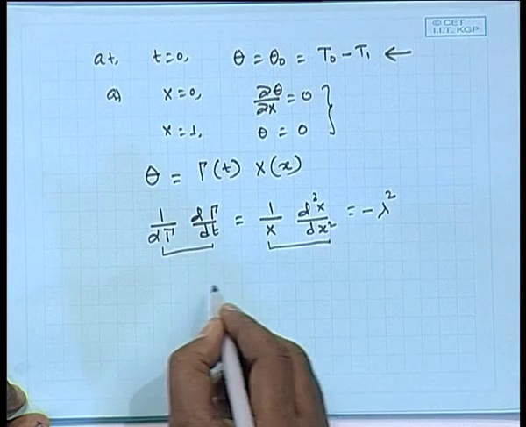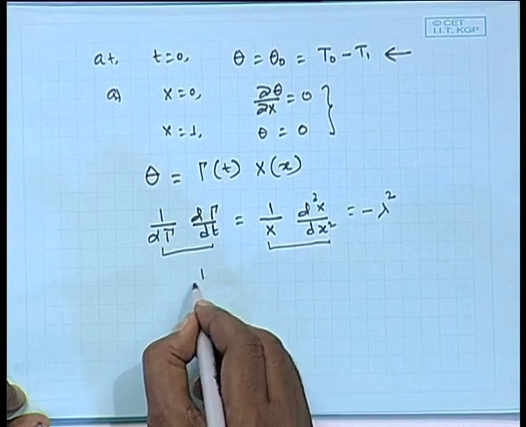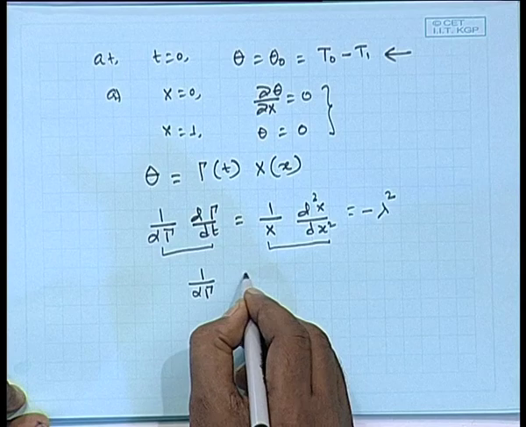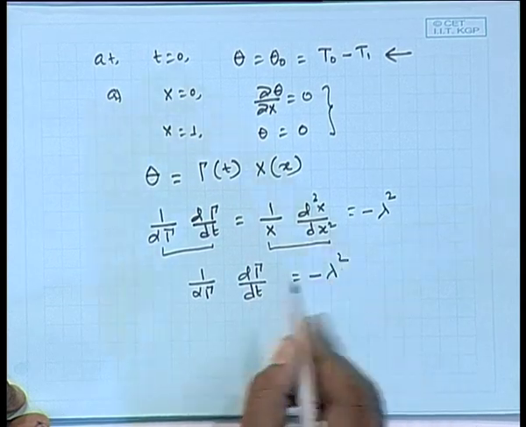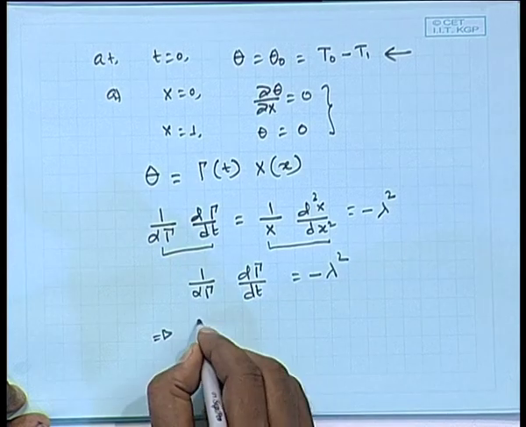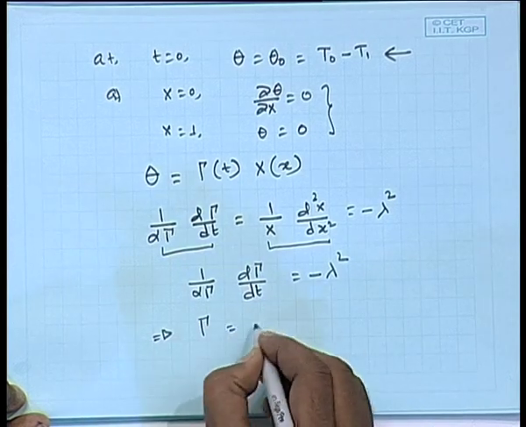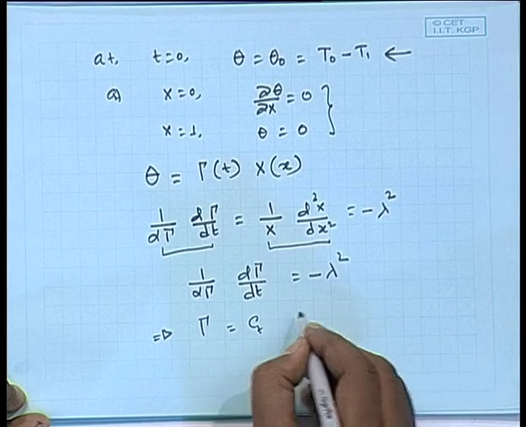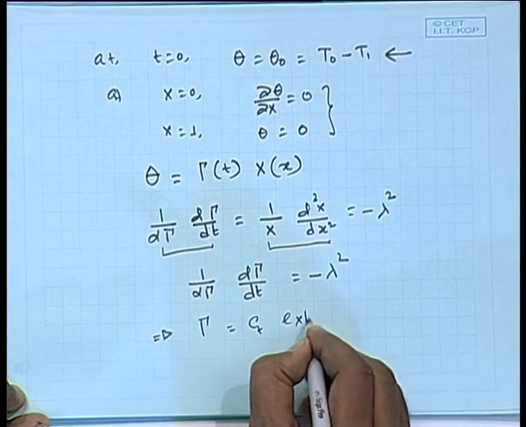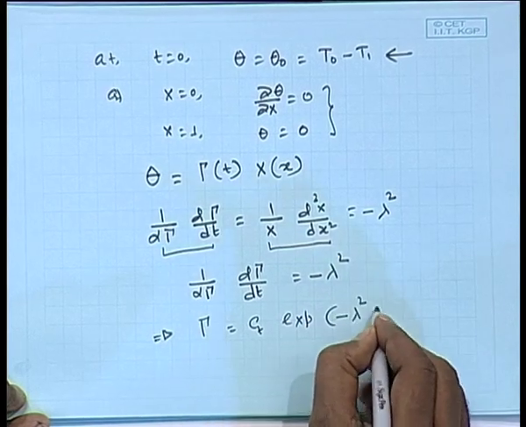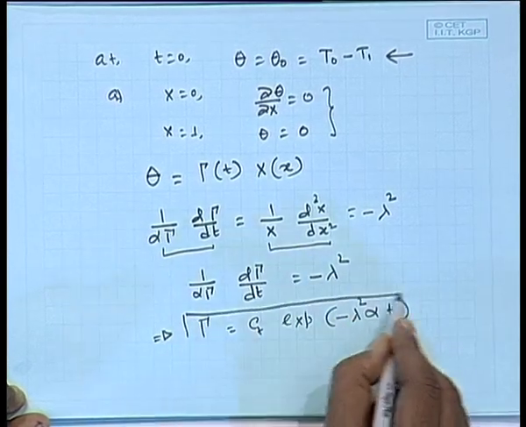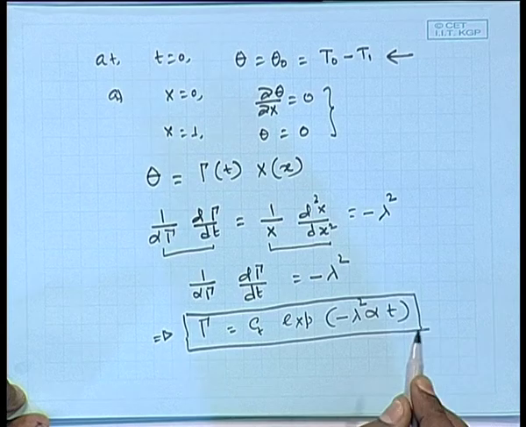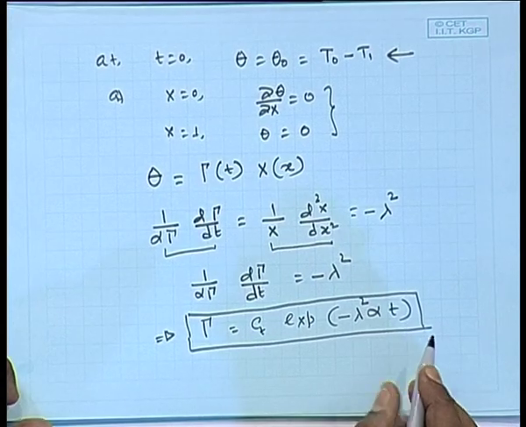So, for non-trivial solution, now let us look into the solution of the time varying part. The constant is minus lambda square, and you will be having a solution of tau as, let us say, some constant Ct exponential minus lambda square alpha t. Okay. This is the time varying part.